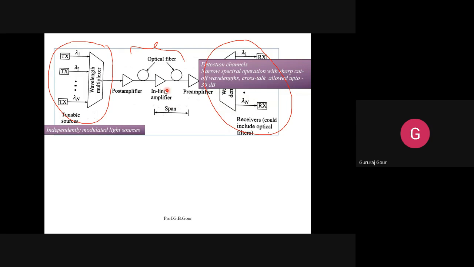Inline amplifiers are the amplifiers which exist in the, we can say, stomach of the repeaters here. You get many repeaters with inline amplifiers throughout the length of the optical fiber span, which runs to hundreds or thousands of kilometers. We will have many repeaters here. Its main job is two things.